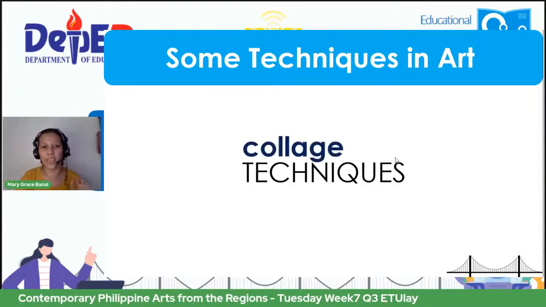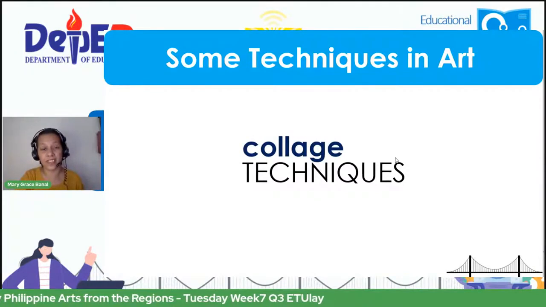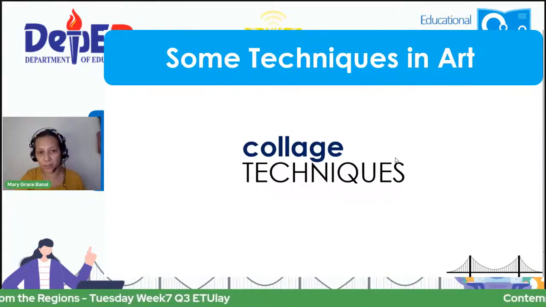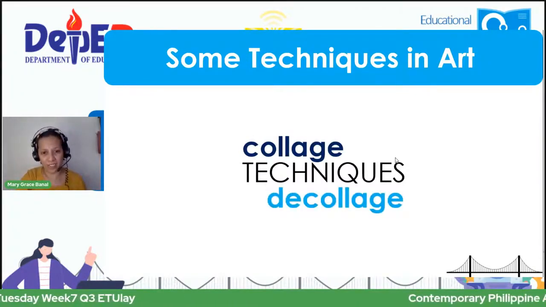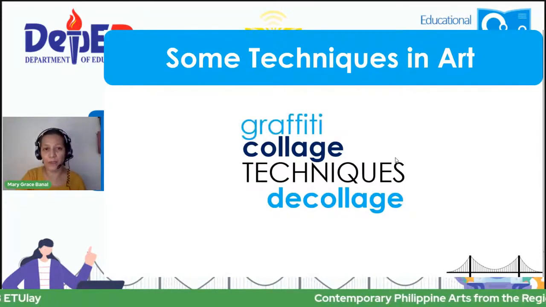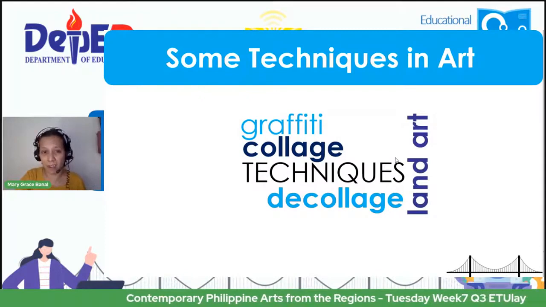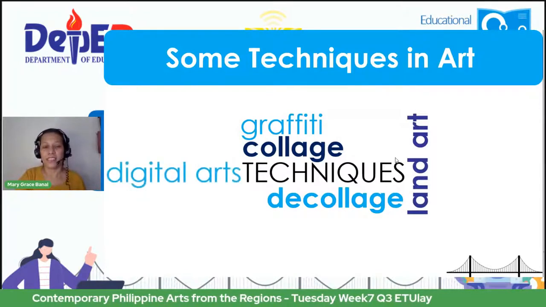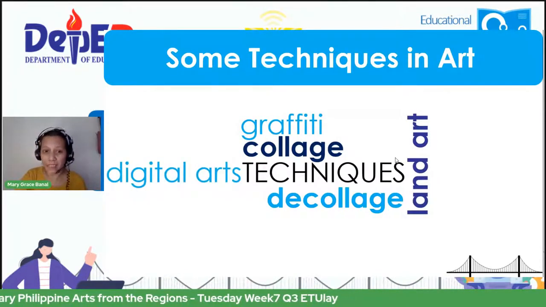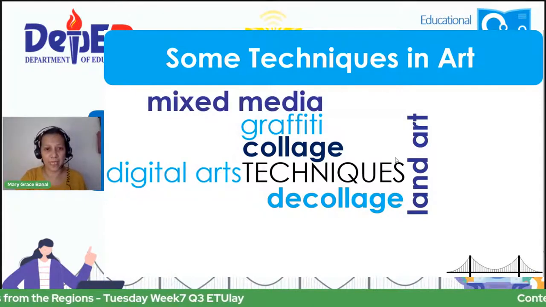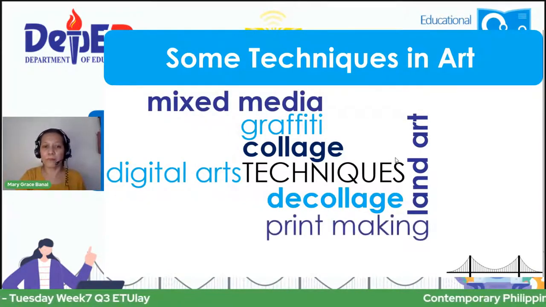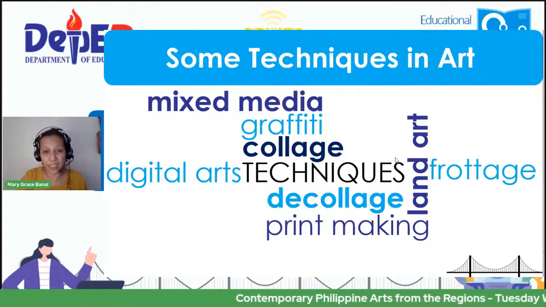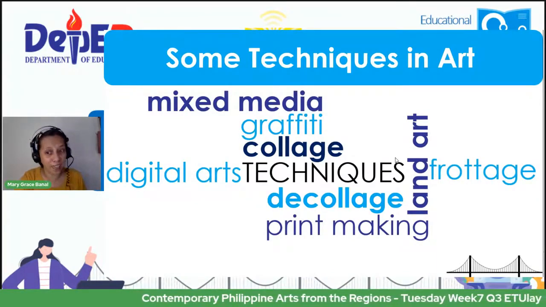What are those 12? So, we have collage. Everybody say collage. Kung may collage, meron tayong decollage. Then we have graffiti. Say graffiti. Then we have land art, digital art or digital arts. We have mixed media. We have printmaking as a technique. We also have frottage. Everybody say frottage.